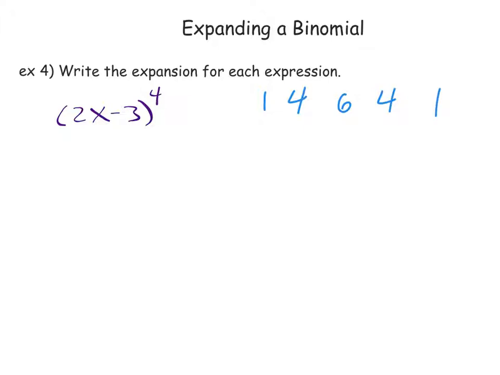I looked to Pascal's triangle at the row labeled n equals 4, and there's our 5 coefficients. Okay, now this one's got a little bit more going on. So like in our first term, there's our coefficient. Our first term is 2x, so that's what's raised to the fourth. Negative 3 is to the 0.